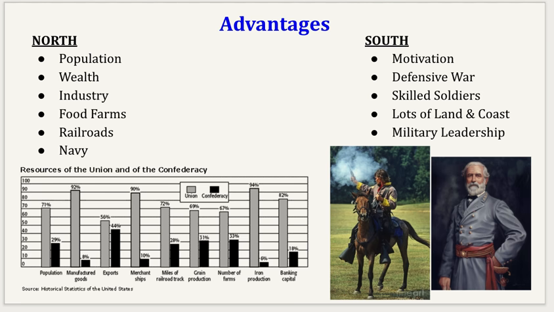That's a lot of advantages for the North, but that's not to say that the South didn't have some advantages as well. One of the biggest advantages the South had was motivation. I mean, they were fighting for a way of life that was being stripped away from them. They were fighting for traditions. They were fighting for what they believed were their rights.